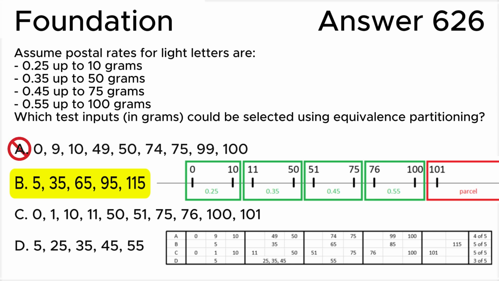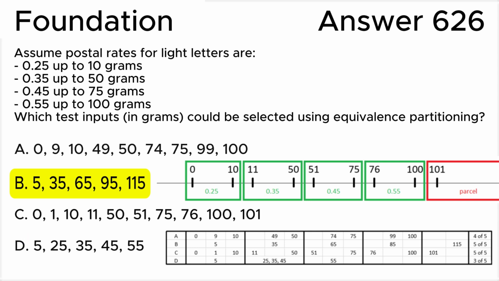Answer A is not correct because these tests cover the two-value boundary value analysis test design technique, not equivalence partitions. Answer C is not correct because these tests cover the two-value boundary value analysis test design technique, not equivalence partitions.